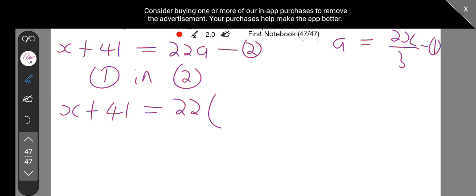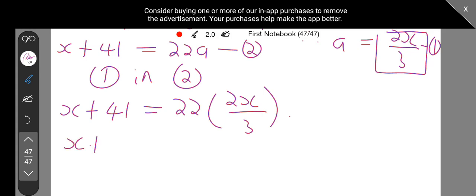What is a? a is equal to 2x divided by 3. Okay, I hope it is clear to everyone. So x plus 41 is equal to 22 times 2x over 3, and 22 multiplied by 2 is 44, so this is 44x over 3.